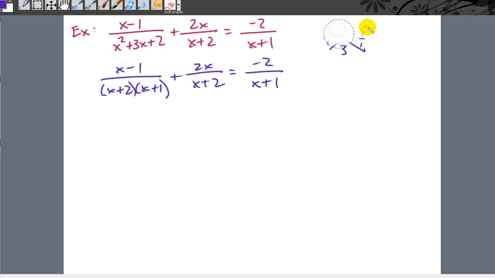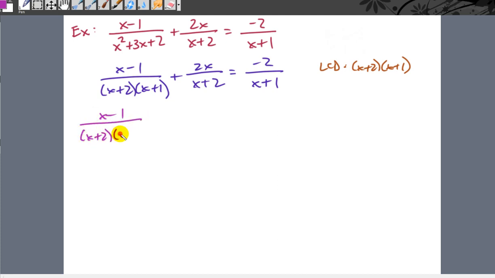Okay, next, we want to try and match up the denominators. In this case, our least common denominator would be x plus 2 times x plus 1. So if we want to match up the denominators, I'm just going to write all these steps here. We have 2x divided by x plus 2.